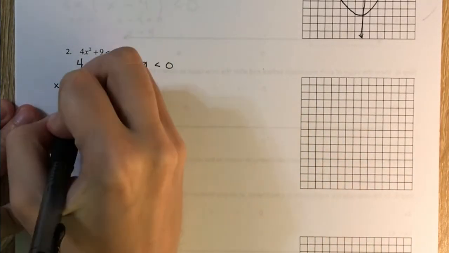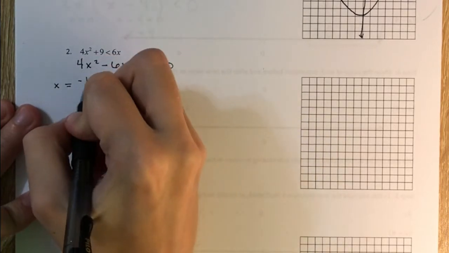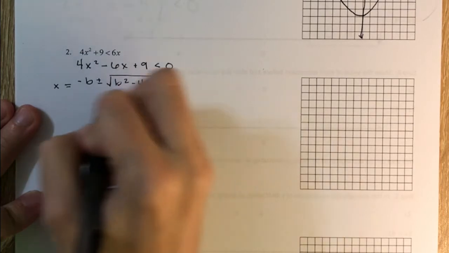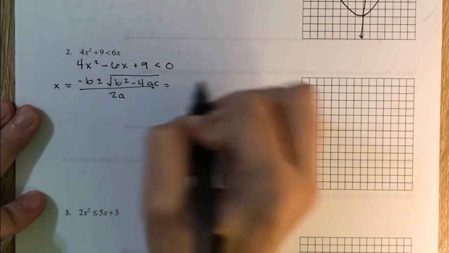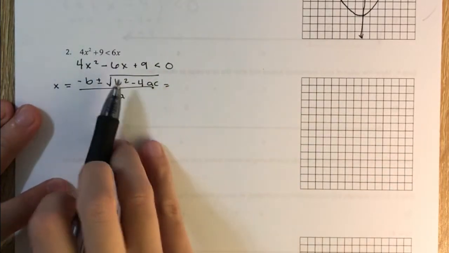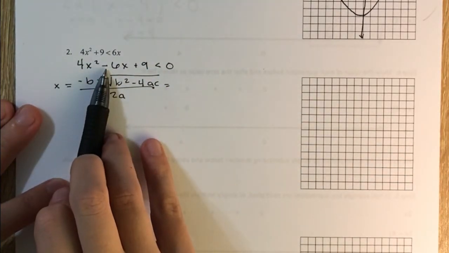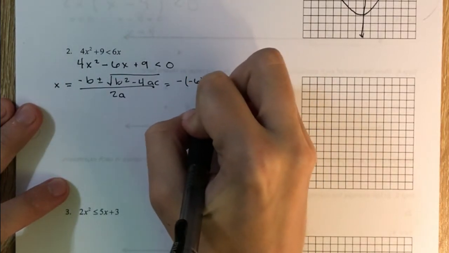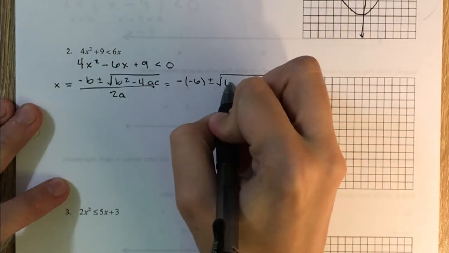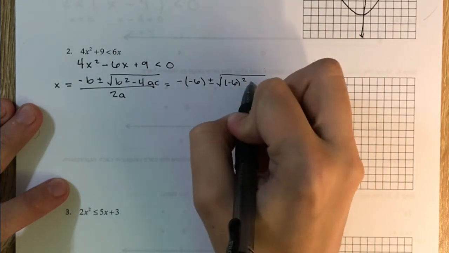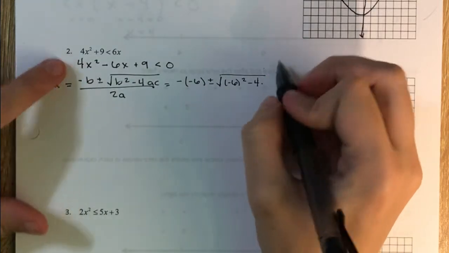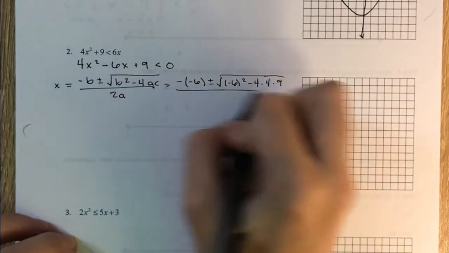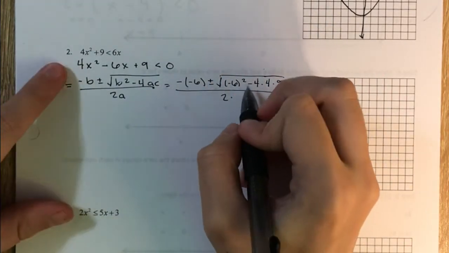We have x equals negative b plus or minus square root b squared minus 4ac over 2a. Let's plug everything in there. So we have negative b is negative 6 plus or minus square root of negative 6 squared minus 4 times a is 4 times c is 9 over 2 times a is 4.